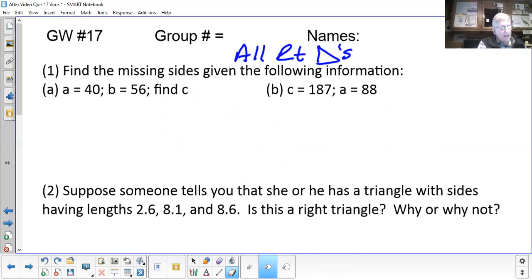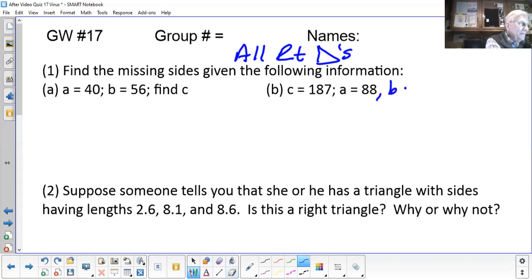In this case, I have C, the hypotenuse. I'm looking for side B. It doesn't say that on here, but it should say up here, find B is equal to how much? Or in other words, I need to find B, okay? So let's do that. This time I'm going to use the formula this way, since I have the hypotenuse.